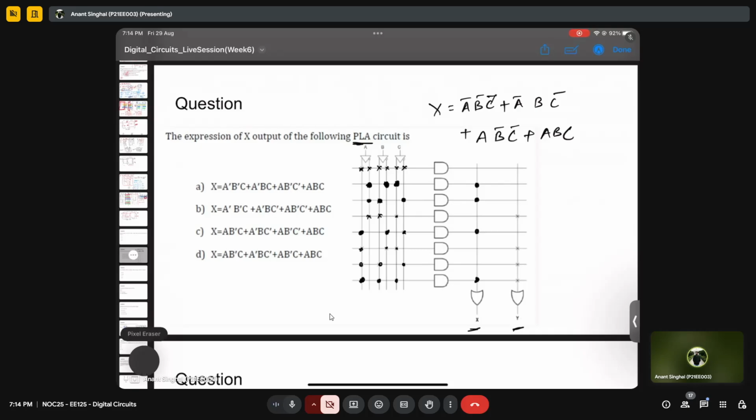So this is actually C. A bar B bar C plus A bar B C bar plus A B bar C bar. Yeah. So option B is the correct answer.